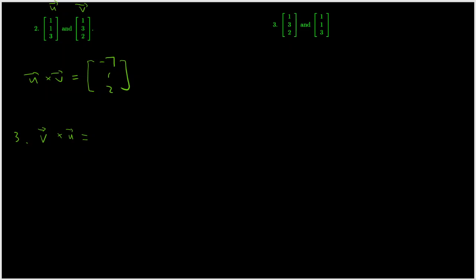In question 3, I'm trying to ask you to compute the cross product of v and u, right? The notations of u and v in questions 2 and 3 are the same. So that's vector v, so that's vector u. So anybody want to tell me the answer to u cross v?